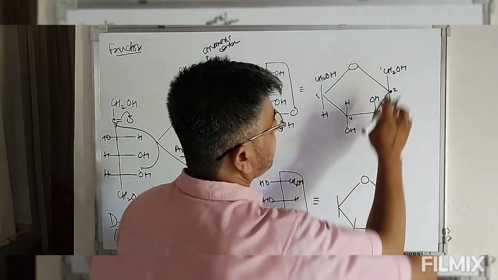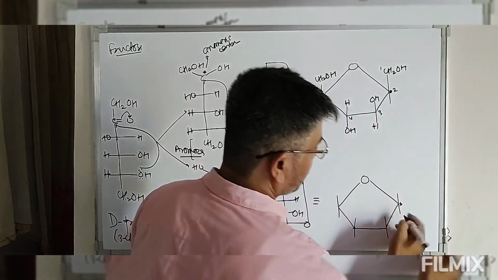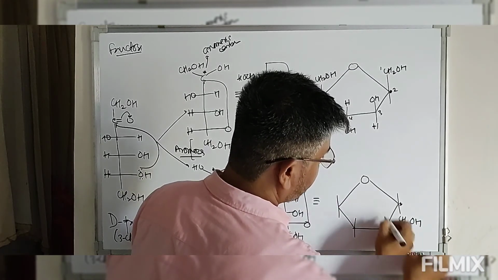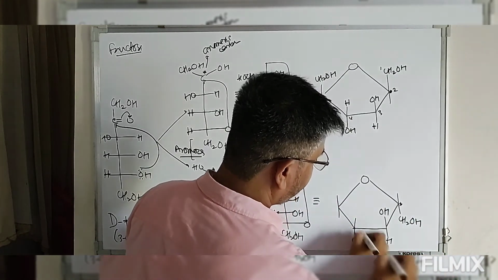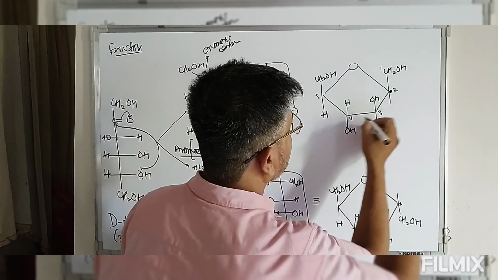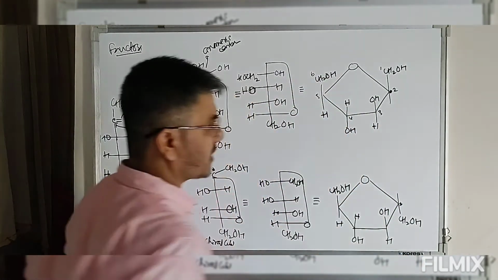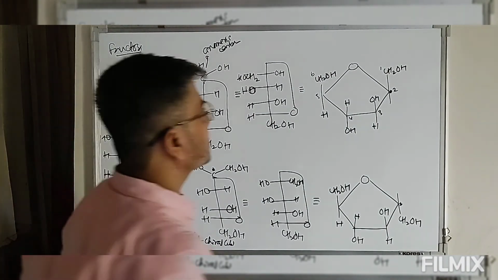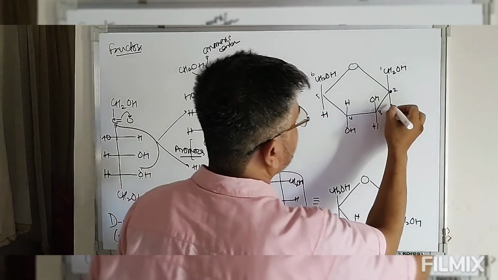Similarly, look at this. CH2 is above the plane. Now CH2 will be below the plane. The rest remains as it is: H, OH, OH, H, H, CH2OH. This is the 6th carbon. Now, in one of these structures, the OH at the anomeric carbon is below the plane.